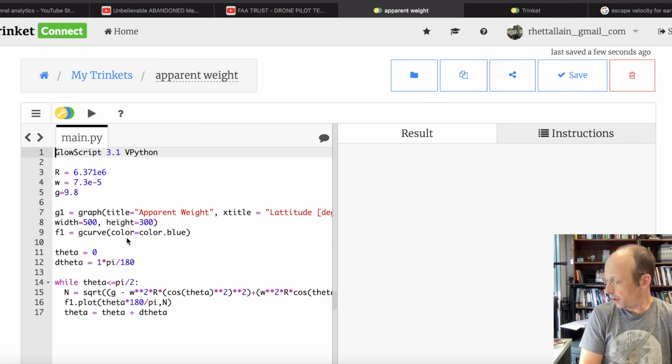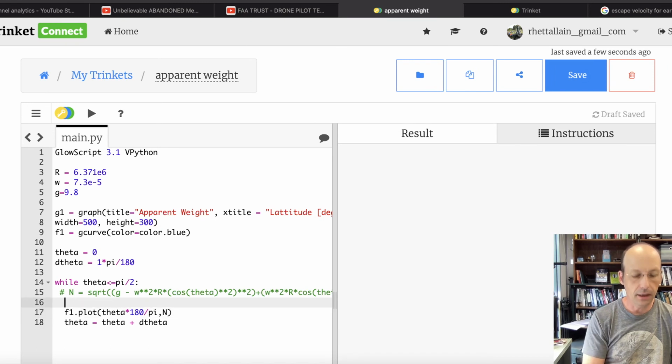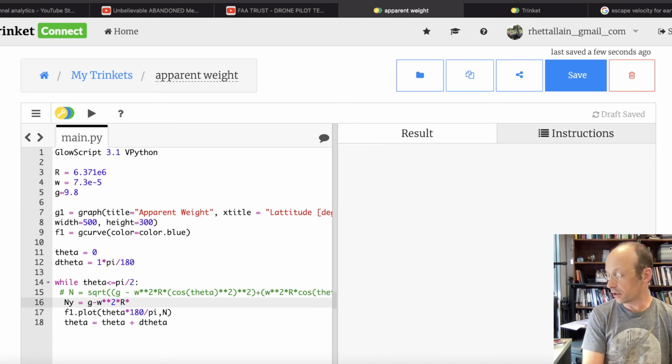Let's just plot in y. So I'm going to cancel this, and let's say in y equals, I'm writing it down, so it's going to be g minus omega squared times r times cosine squared theta.